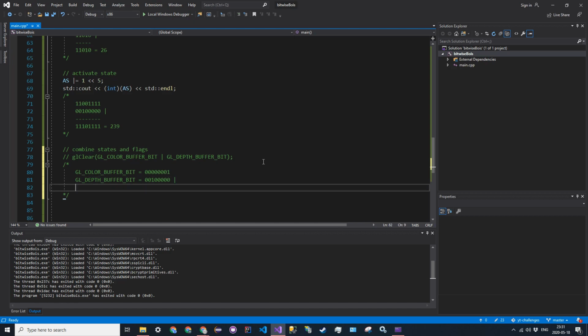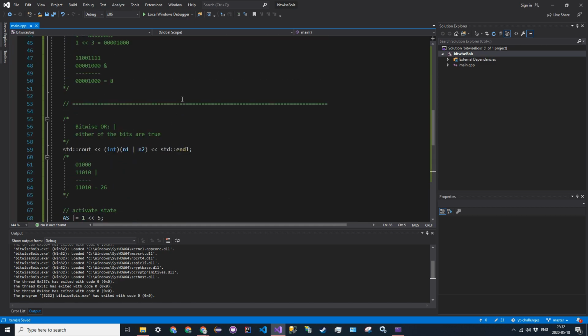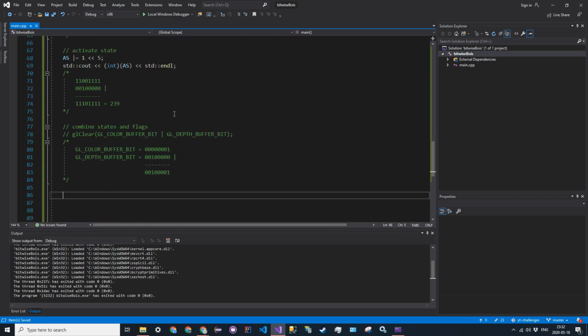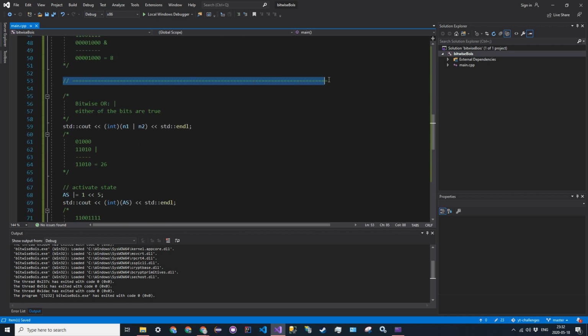If we were to OR the two, what we would get is 0, 0, 1, 0, 0, 0, 1. And that would equate to having both of those states active. So you can test to see if they're active using the bitwise AND, which is where that first operator comes into play.